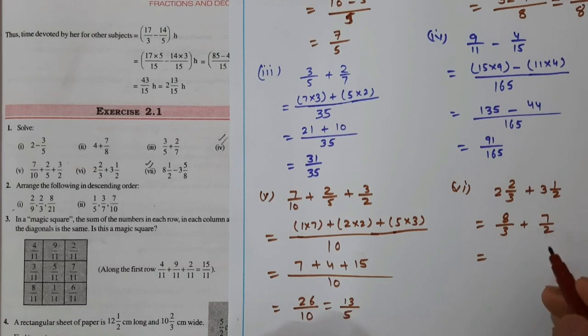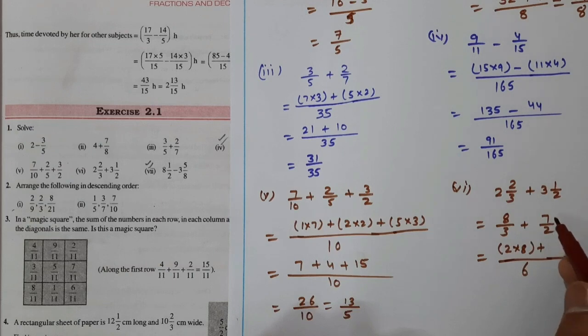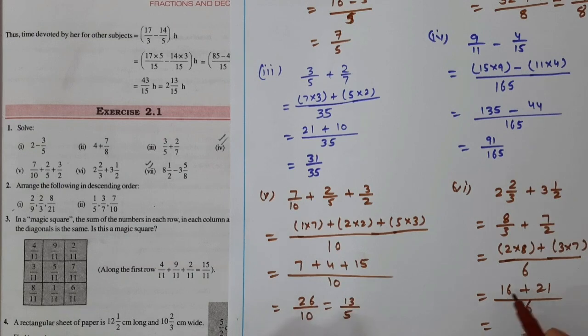Now LCM of 3 and 2 is 6. 6 divided by 3 is 2. 2 into 8, plus 6 divided by 2, 3, and 3 into 7. 2 into 8, 16, plus 3 into 7, 21 upon 6.